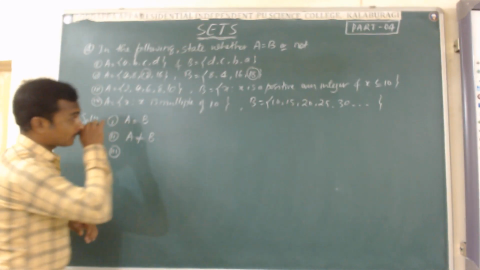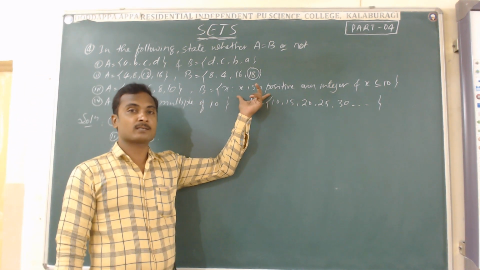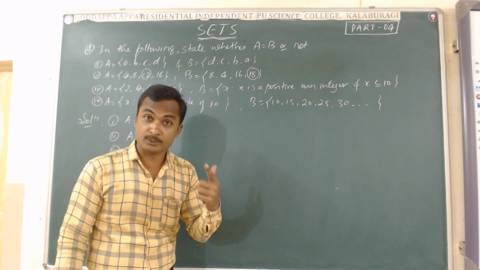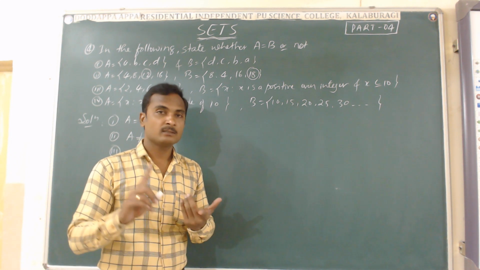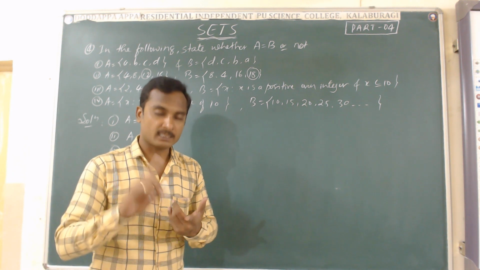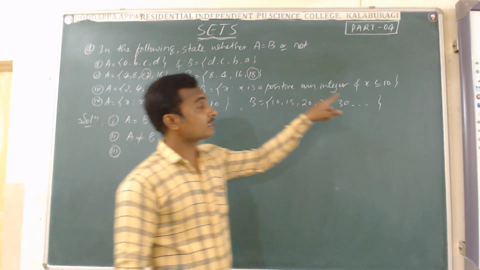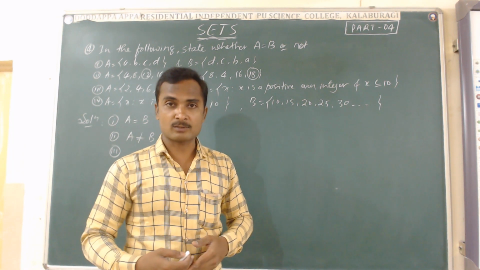So you can see what the elements of this set are. What are the positive even integers? The first positive even integers are 2, 4, 6, 8 and 10 has to be taken or not? Yes, 10 has to be taken, because less than or equal to means it may be less than, it may be equal to 10.